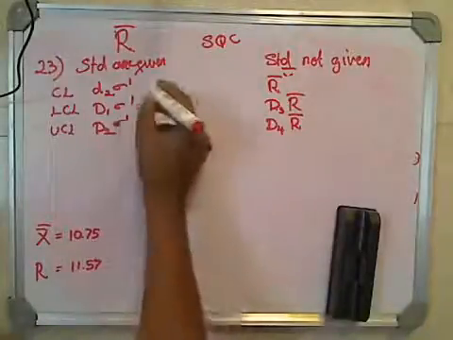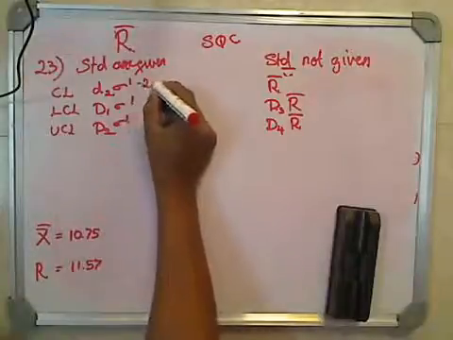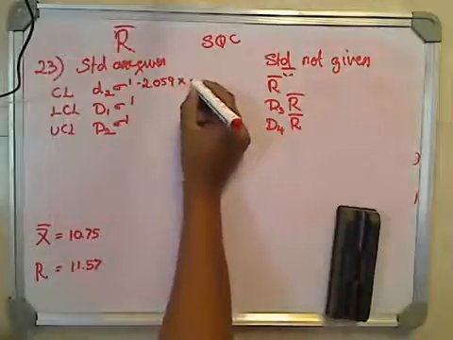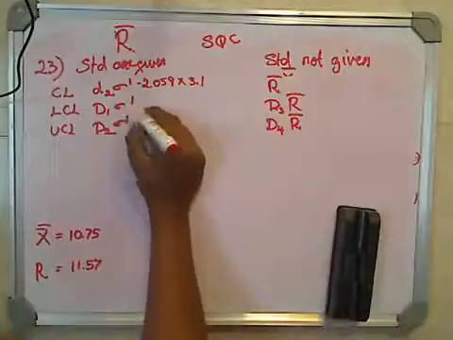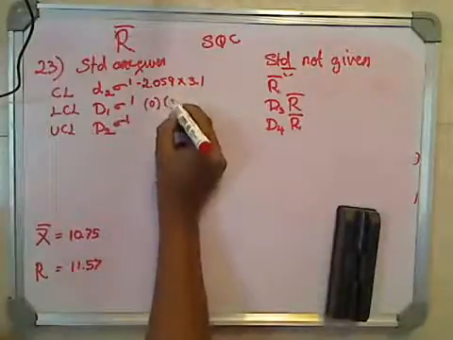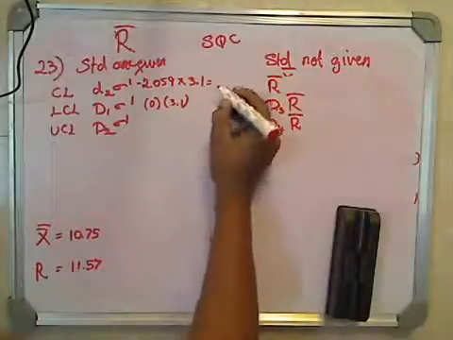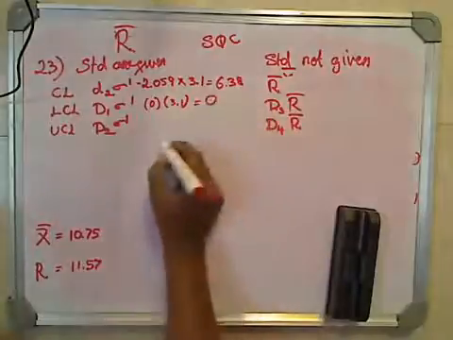Now, as per the book, D2 here is 2.059 multiplied by the standard deviation, which is 3.1. Here, this happens to be 0 because D1 itself is 0. So 0 multiplied by 3.1 is nothing but 0 itself. So here, the value would be 6.38, and here, of course, would be 0.